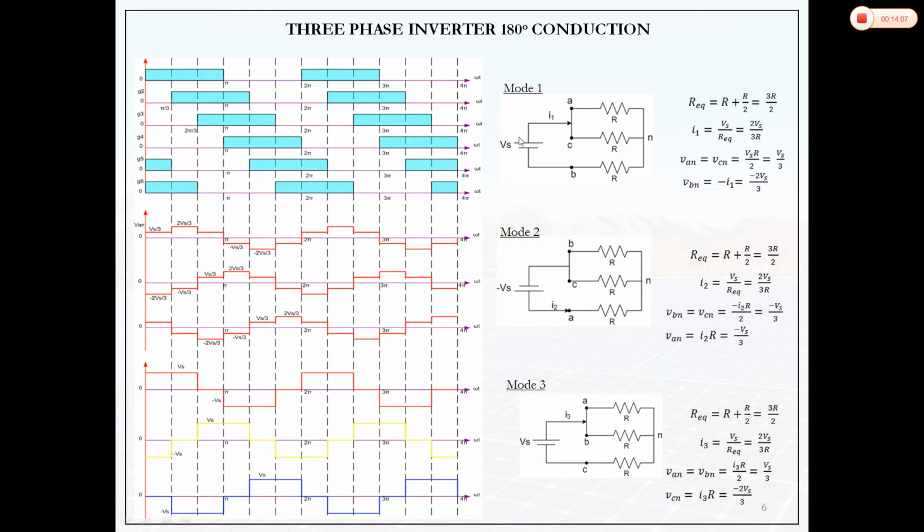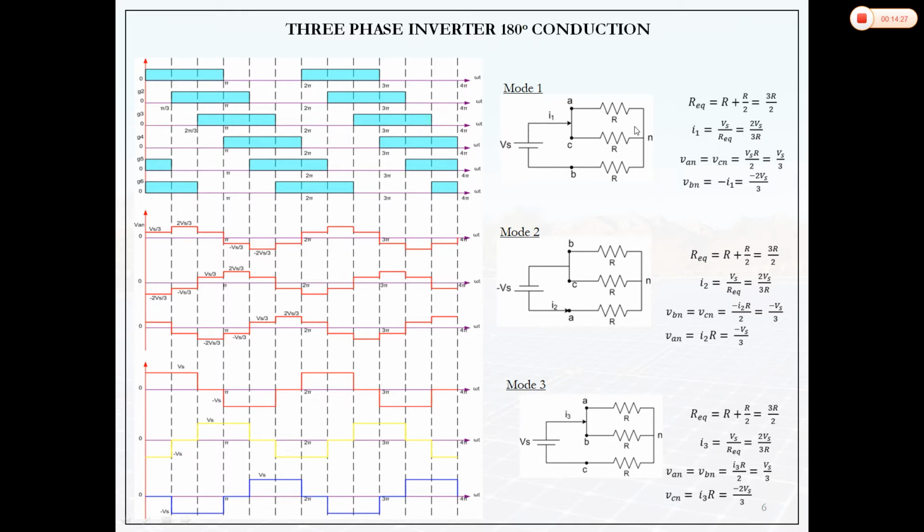So the current I1 is Vs upon 3R by 2, or 2Vs upon 3R.